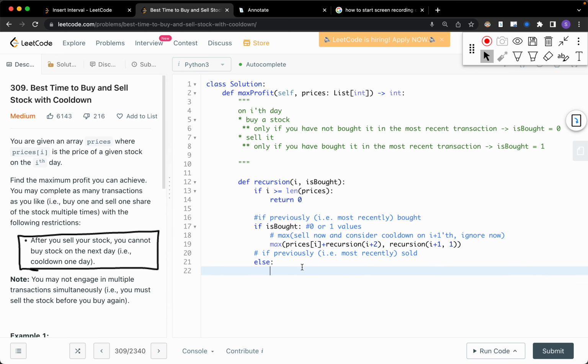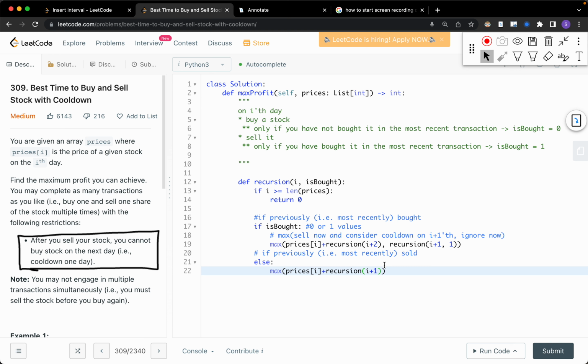And if it is the else case, then what we have to do is take the price of I, that is we have bought it now, plus the recursion on I plus 1, because if we have bought it today, we can sell it tomorrow. That is the condition.